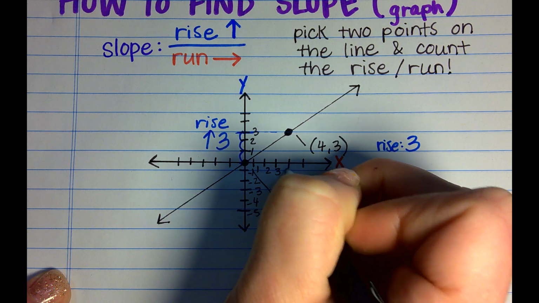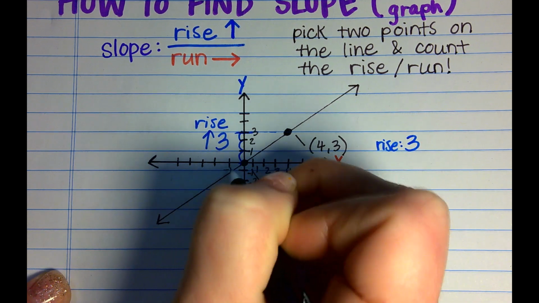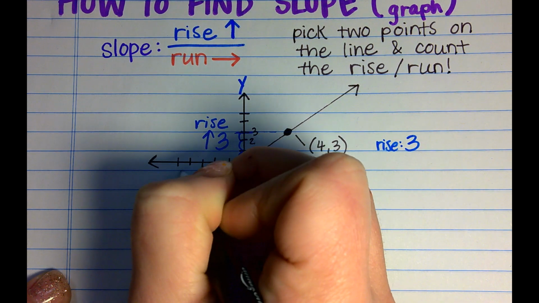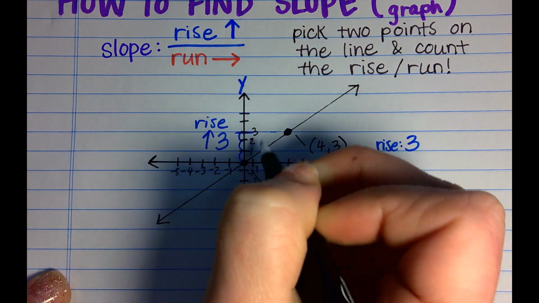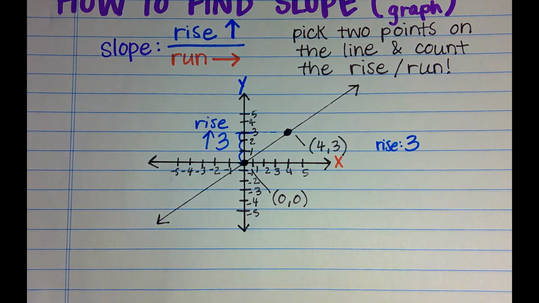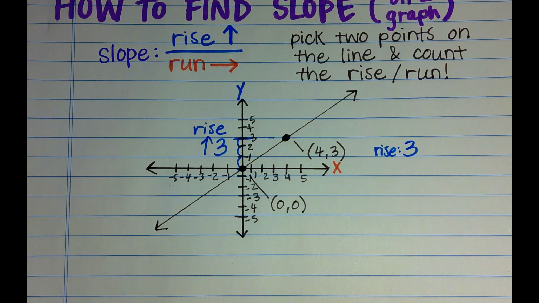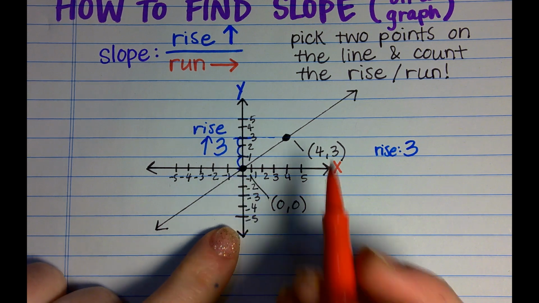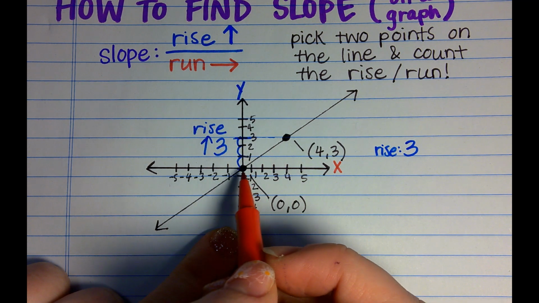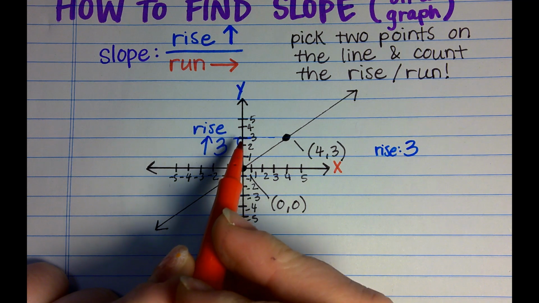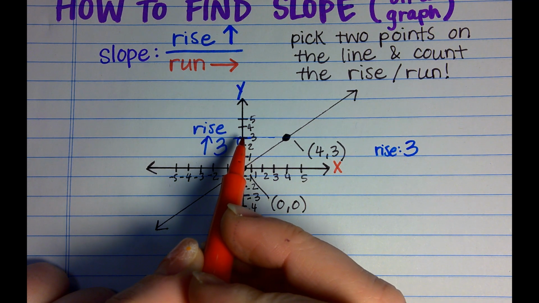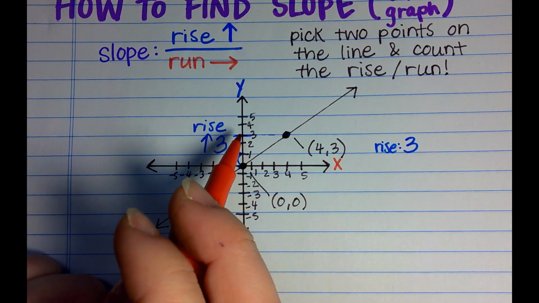Just labeling my graph. Now from my rise, I counted up 3, and now I am at 0, 3. I'm on the y-axis at 3.